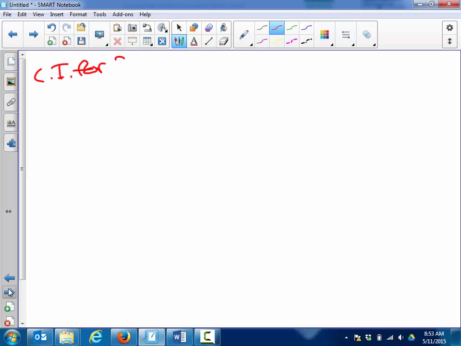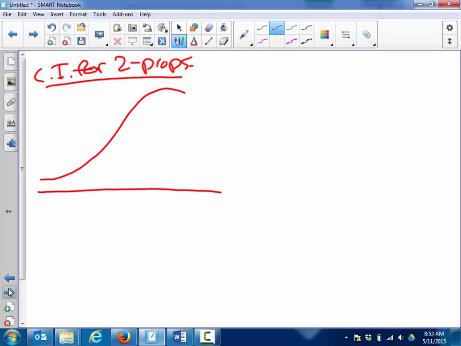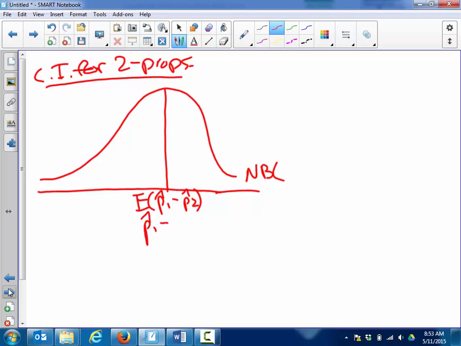Okay, so let's talk about a confidence interval for 2 proportions. Okay, so this again works with the normal bell curve. We've got at the center the expected value of a sample proportion from the first population minus a sample proportion from the second population, which is your P hat 1 minus P hat 2. It's your sample data.